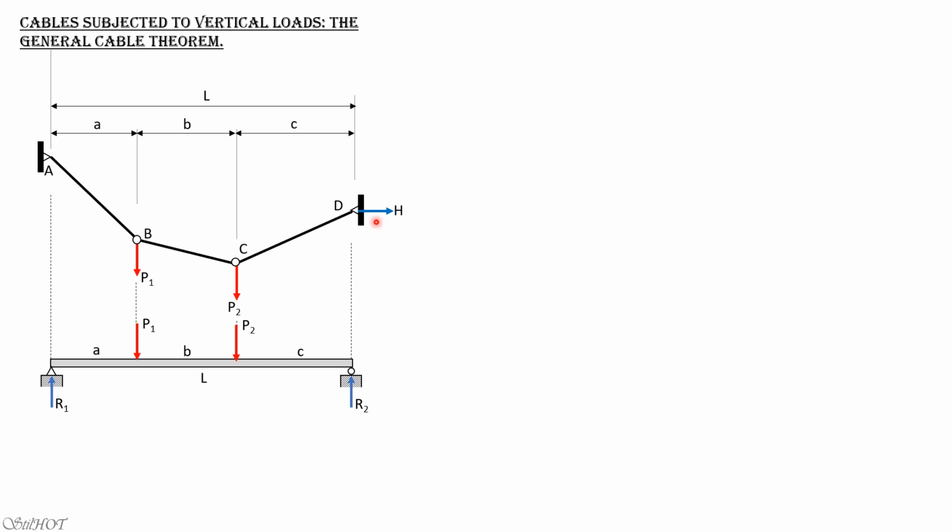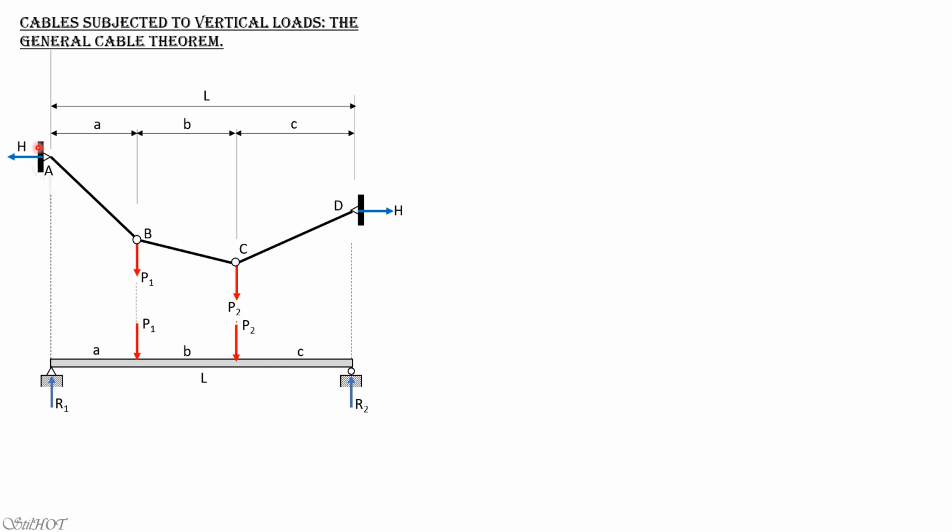And we have here the horizontal component of tension. Because there is no inclined loading, the horizontal component of tension at any point in the cable will be the same. Because it is tension, the horizontal component should be directed away from the point of application.